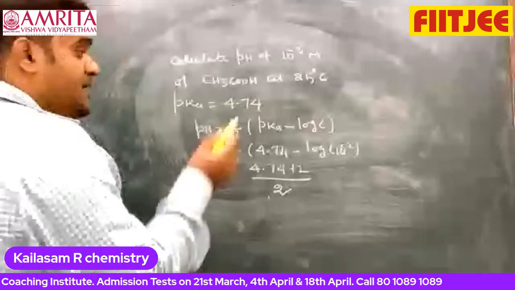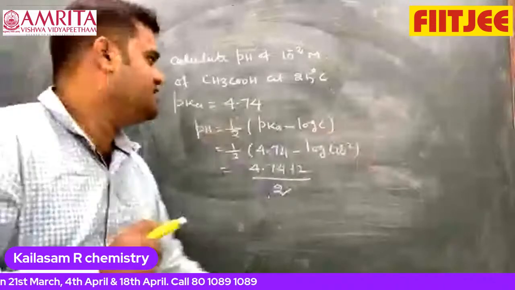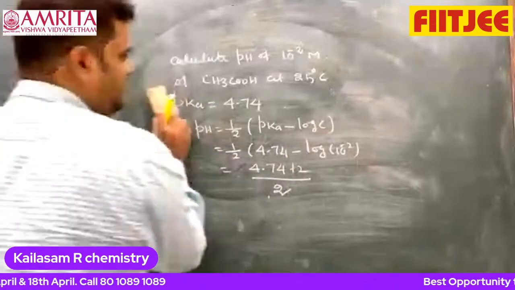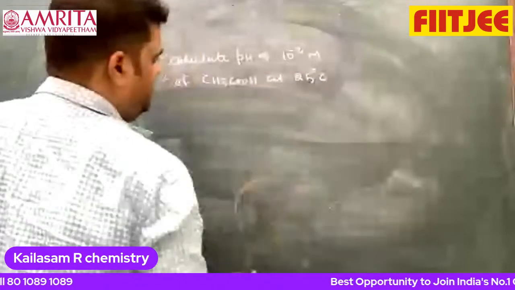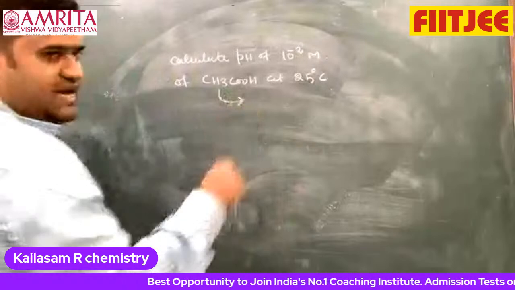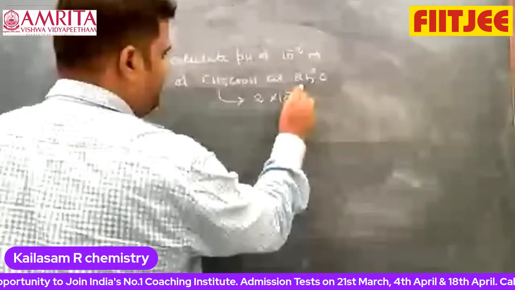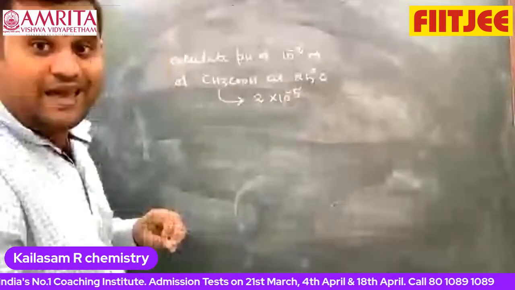This is the pH. But the question is, what about the alpha? I'm telling you, take the Ka of the acid as 2 into 10 power minus 5. That's the Ka of the acid.